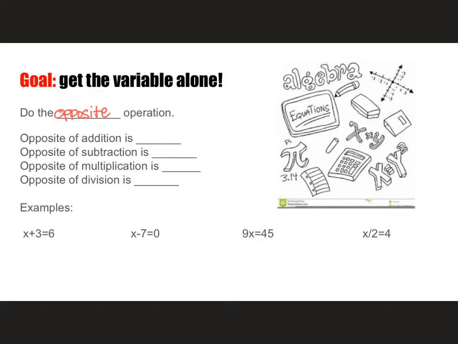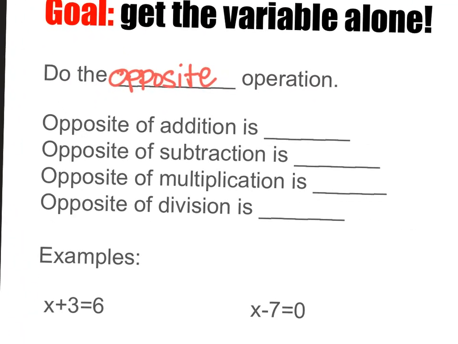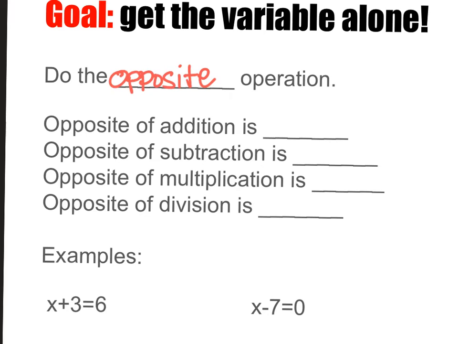So we're doing the opposite operation, and let's just review what the opposite operations would be. We've got the opposite of addition, which is subtraction. Right? The opposite of adding something or giving something is taking something away.